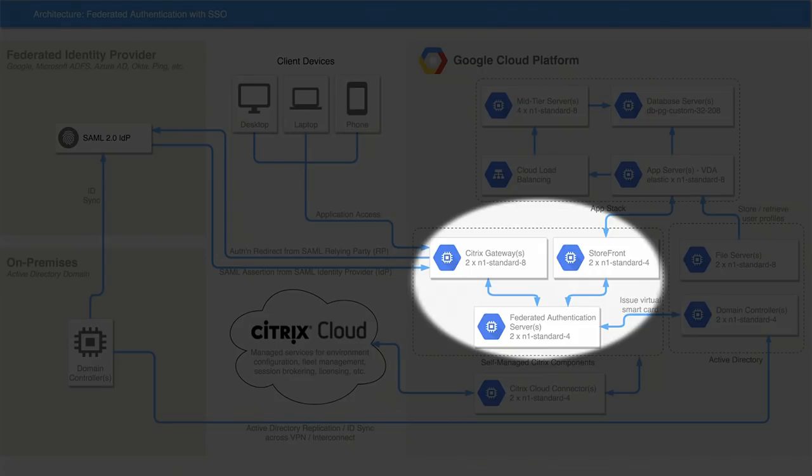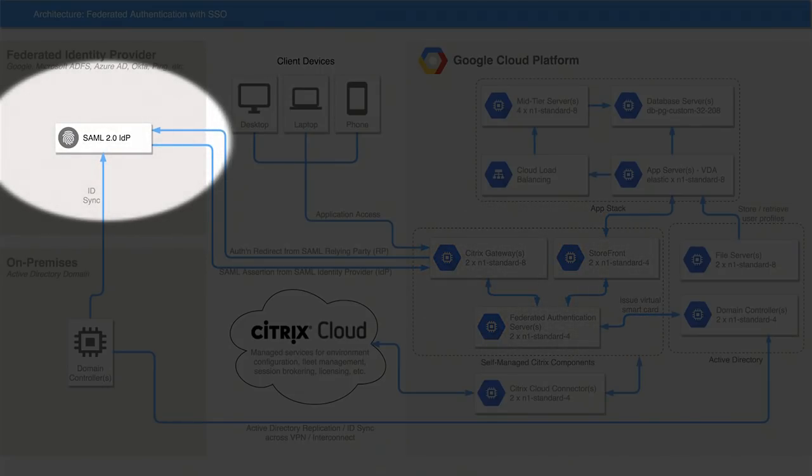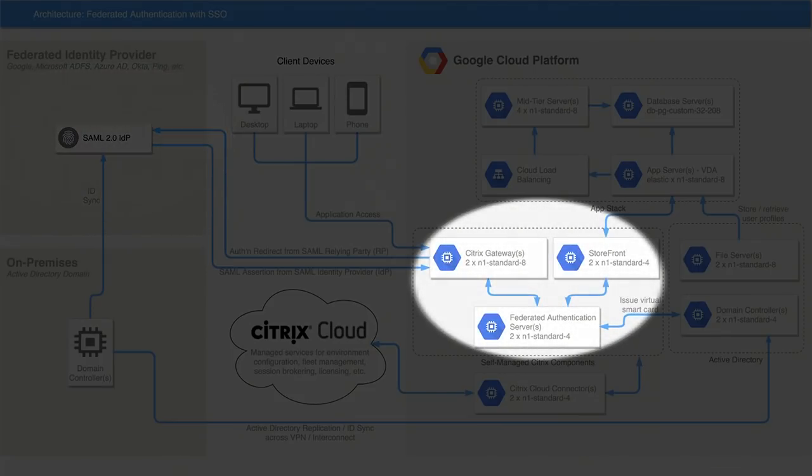Here, it's configured not to authenticate against a local Active Directory domain controller, but instead to use SAML with that on-prem identity provider, which allowed this customer to leverage the smart cards to do their authentication. And then, once the users are authenticated, the workflow is similar to what we looked at earlier.